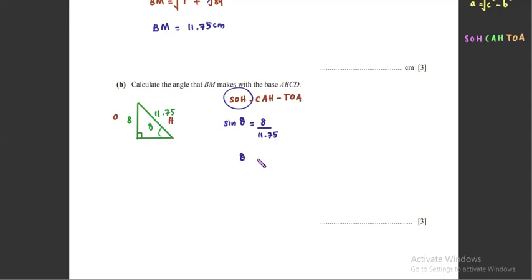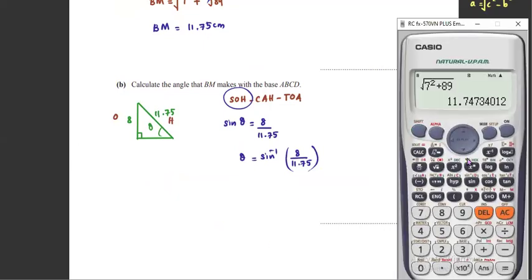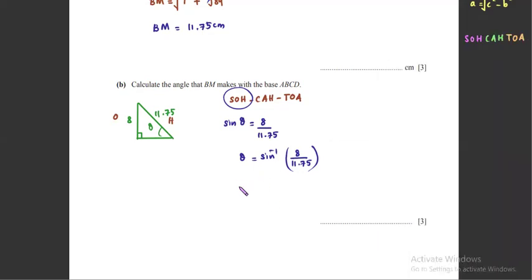But we are supposed to find what the angle is, so we need to do the inverse sine of this fraction, 8 over 11.75. Putting this in the calculator, we get 42.91. So correct to 2 decimal places, it's going to be 42.91.